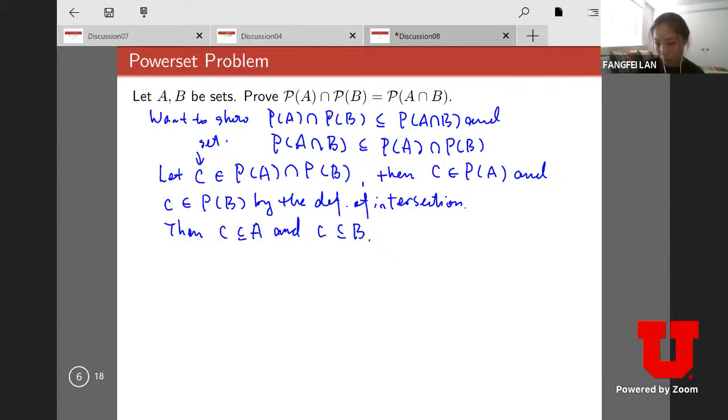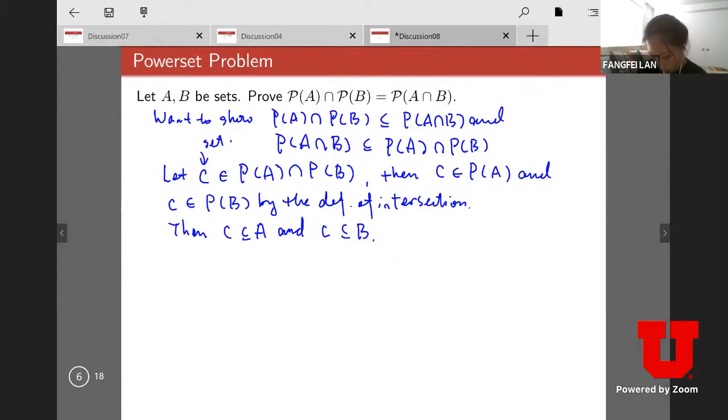So then C is a subset of A intersect B. Does that make sense?